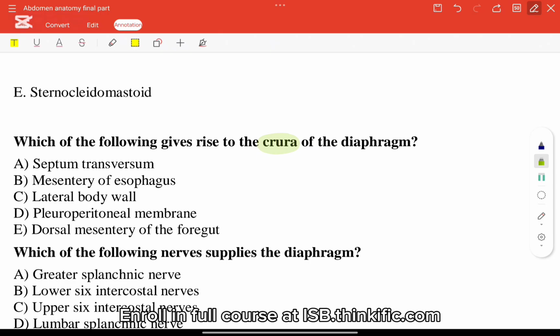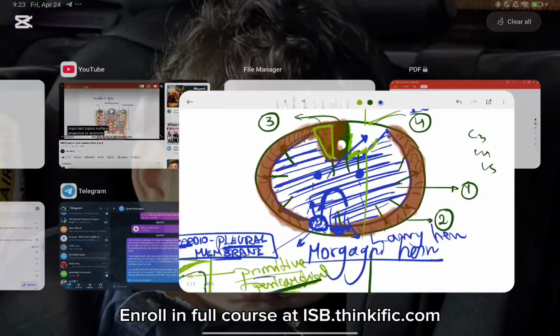Septum transversum? No. Mesentery of esophagus? Yeah, kind of, but not all of it. Lateral body wall? No. Pleuroperitoneal membrane? No. Dorsal mesentery of foregut? It's a more accurate answer because at that time it's still not esophagus, it's called foregut. I think I forgot to mention this specific point.